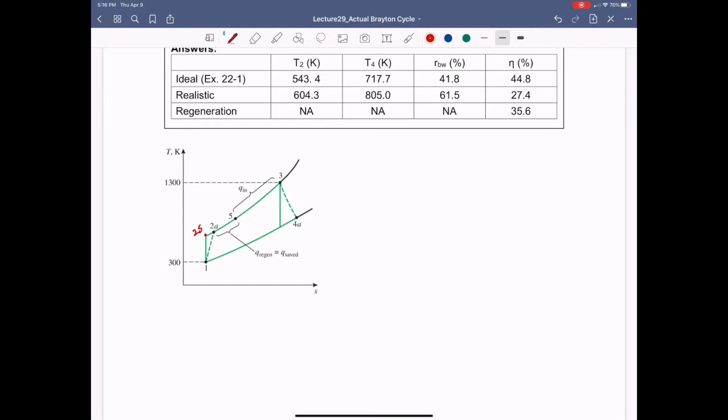The same thing happens in the turbine. The ideal turbine would make the exit condition 3S, 4S, which is the vertical line in the TS diagram. But in reality, with the isentropic efficiency of a turbine, the exit condition goes to the right side to increase the entropy. So that is what we see in the 4A condition.